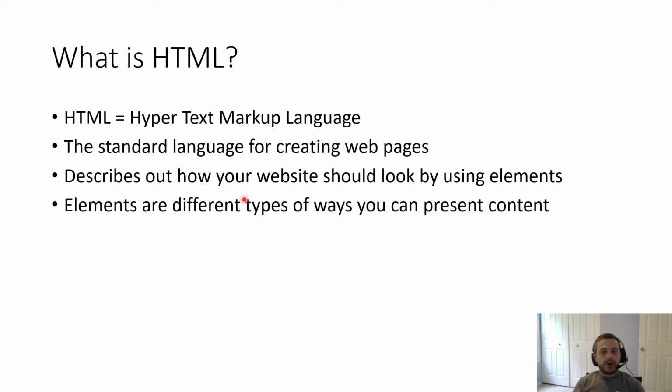And when you write HTML, what you're essentially doing is describing to the browser how your website should look by using elements. And we'll go over elements in a little bit, maybe in this video or in the next video, but elements are essentially just different ways that you can present your content.